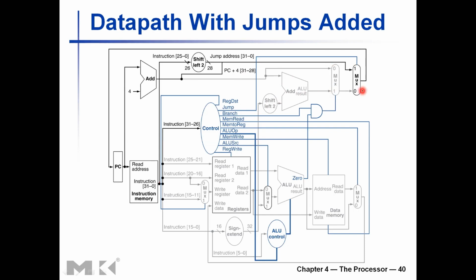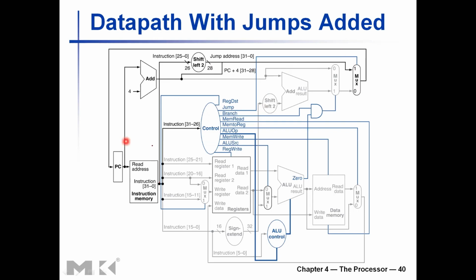So now we need to decide whether we need the regular PC plus 4 input here, or the regular branch offset added input coming there, or this new jump target address coming through there. To decide that, we need a multiplexer control signal, that is this jump control signal.